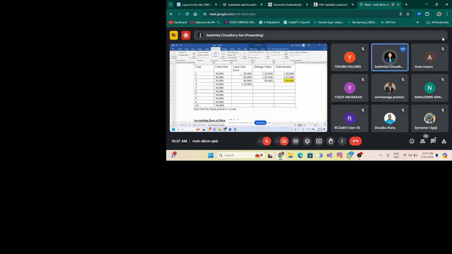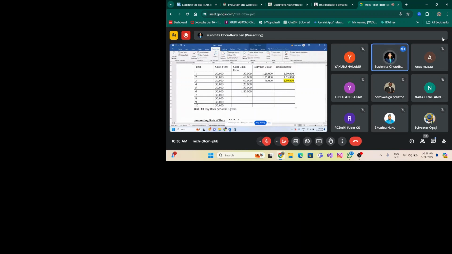So that is how, if you calculate, in the first year your earning will be 30,000, in the second year 30 plus 30, 60, in the third year 60 plus another 30, 90, then fourth year 90 plus another 30, 1 lakh 20. If you calculate in the fifth year, it is going to be 1,50,000. Okay, then if you are continuing still, another 30,000 will be added, so 1,80,000.